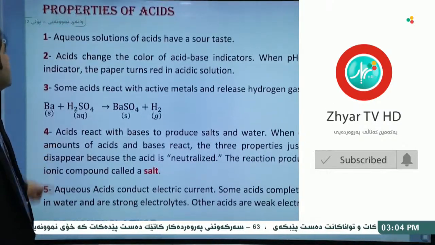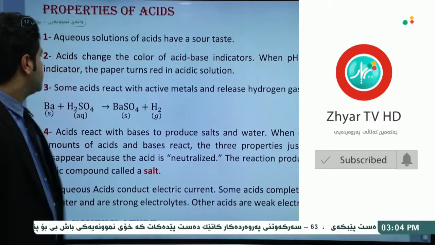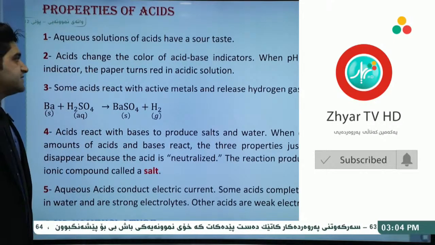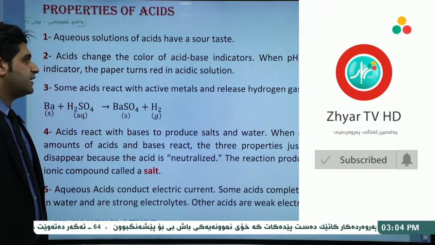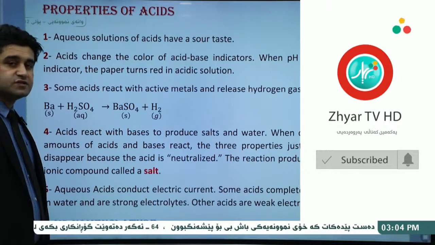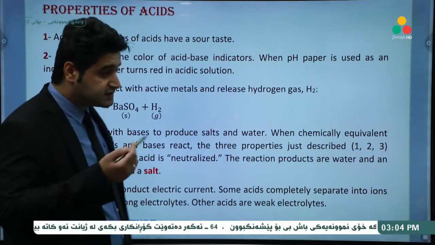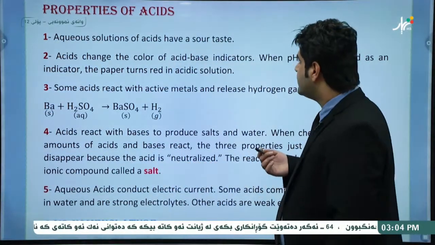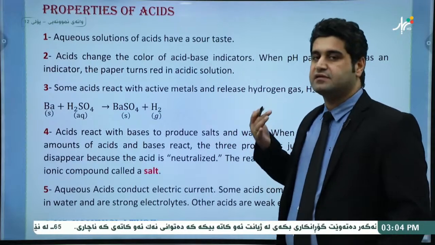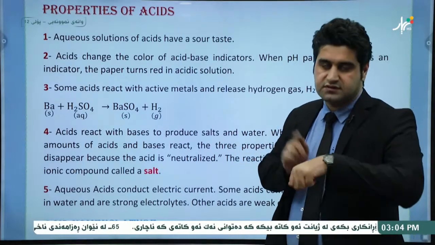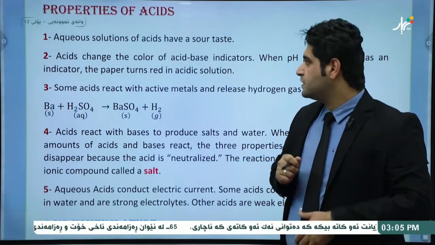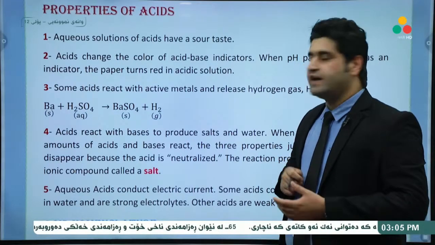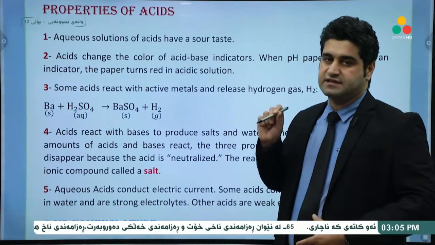Now, we have the common properties of acids. Aqueous solutions of acids have a sour taste. Of course, not by tasting directly, because most of the acids are strong oxidants. They can burn, they can denature your skin. So you will lose your cute face if you taste an acid directly.